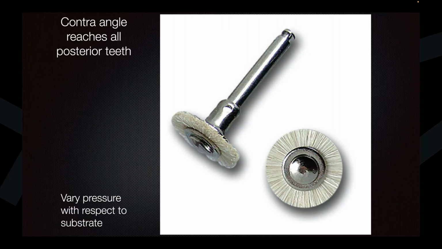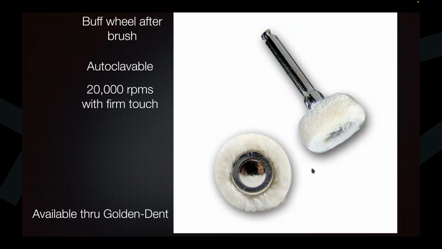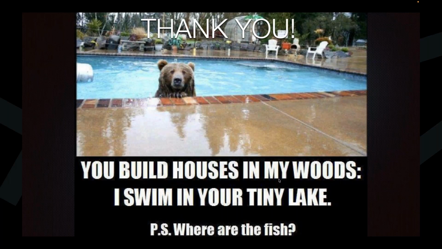Okay, so vary the pressure with respect to the substrate, 20,000. We're getting set up here for the hands-on, available again through Golden Dent. Remember the buff, you don't put anything on. Here's the anatomy, the quick connect anatomy band.